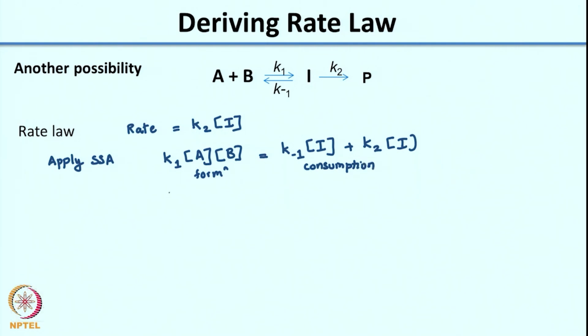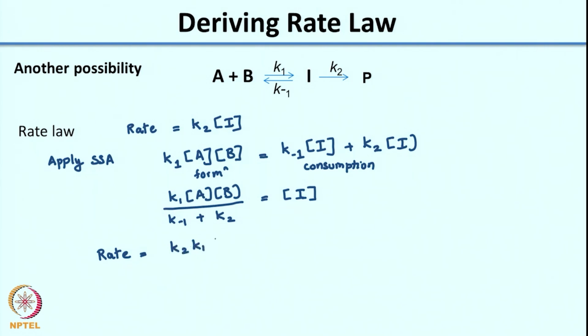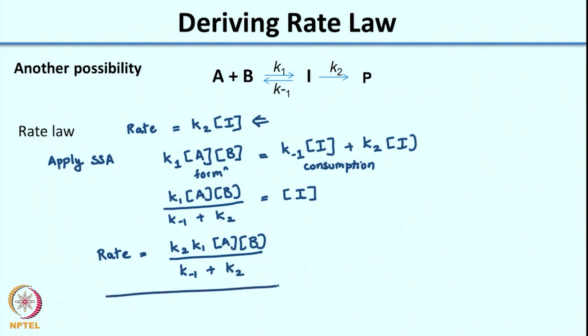So, based on this you can say that K1 A B divided by K minus 1 plus K2 would be equal to I. So, the rate law for this would be K2 K1, so we are substituting it in this equation.